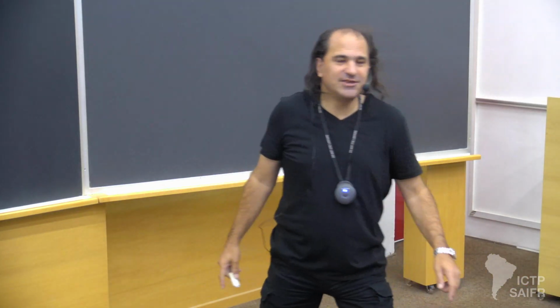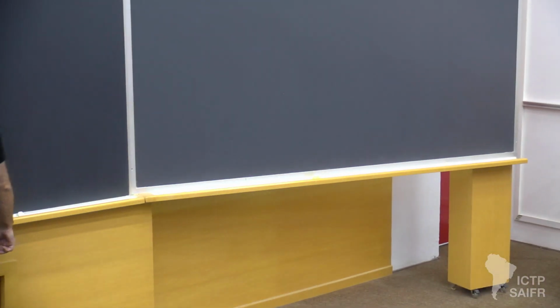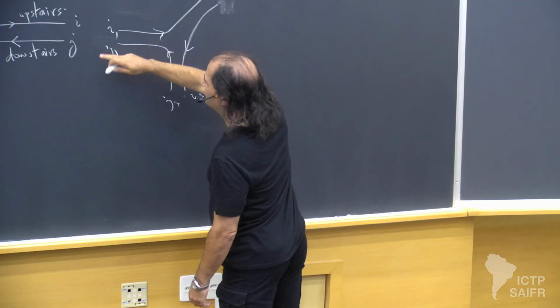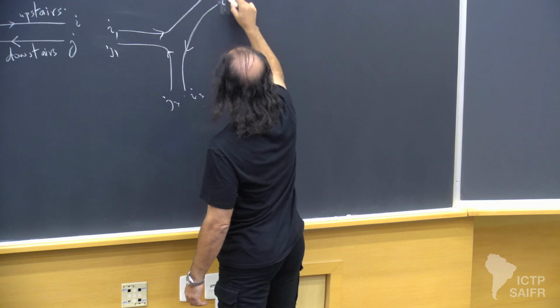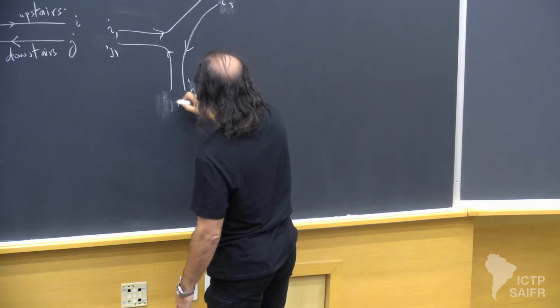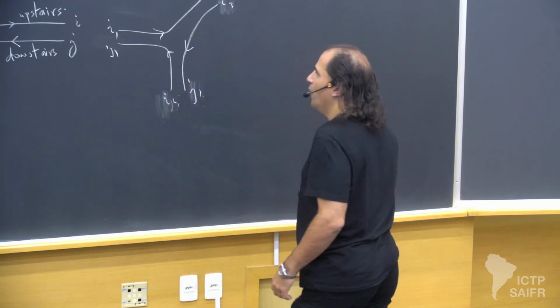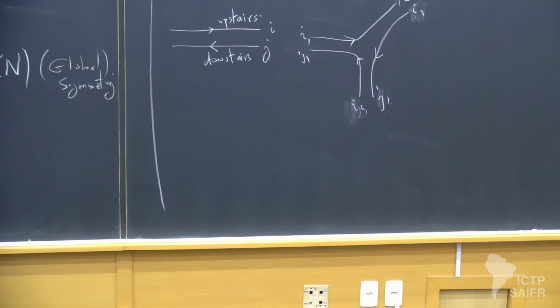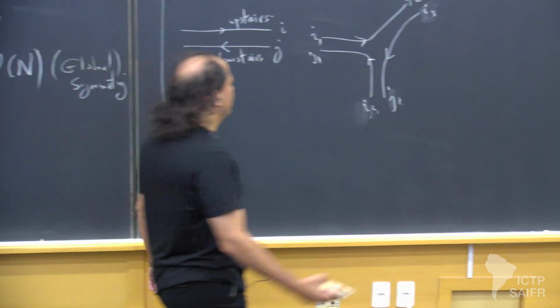So when I write this down, it's telling me there's something going upstairs here, downstairs on this side. So delta I1, maybe I should have written this, sorry, it's delta I1, J2, I3, and so on. Okay, so these lines are exactly telling me about the pattern of delta contractions that I have.